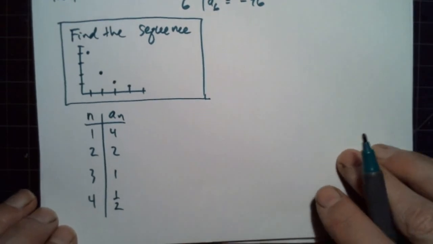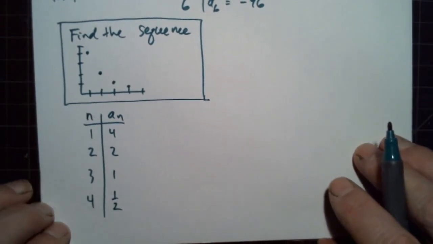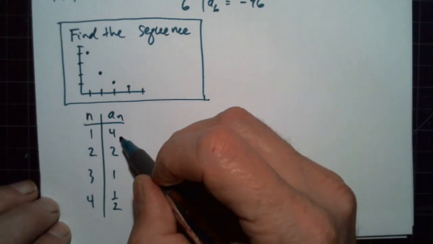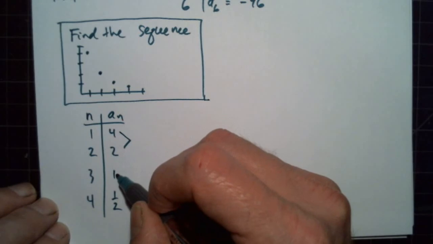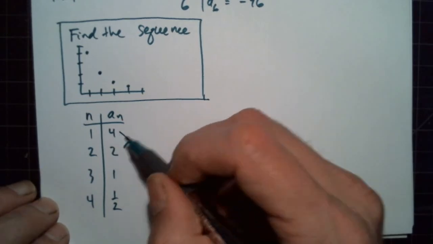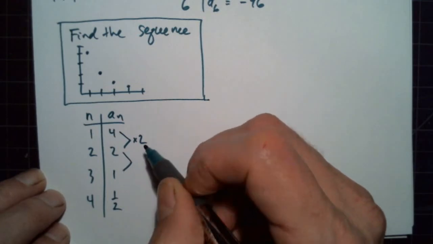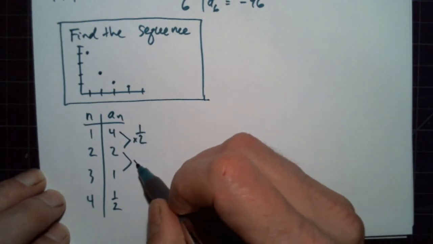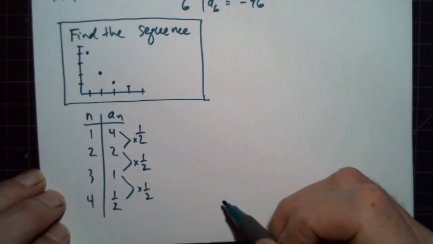And then we have to identify the pattern, and then we can write out formulas for this. So we could say minus 2, but then minus 2 doesn't work here. So let's say this is going to be times 1/2, times 1/2, times 1/2.